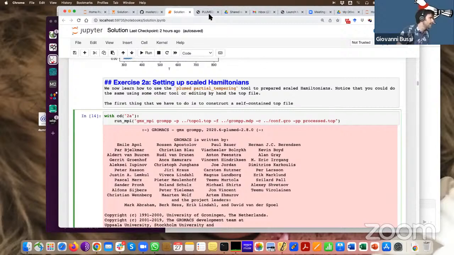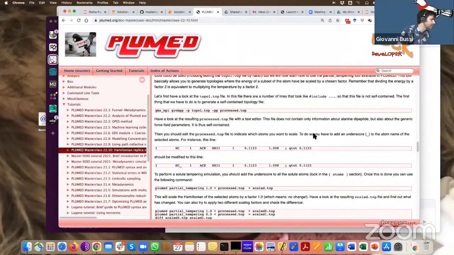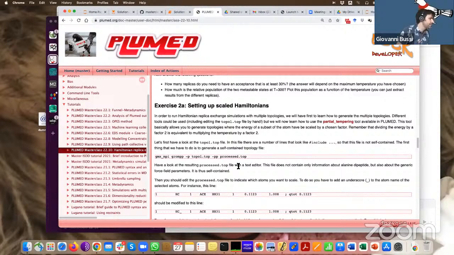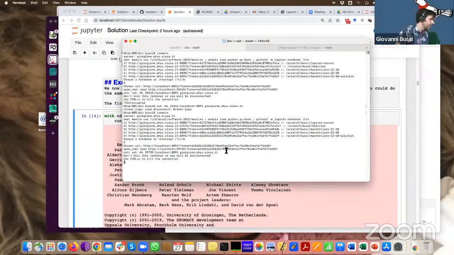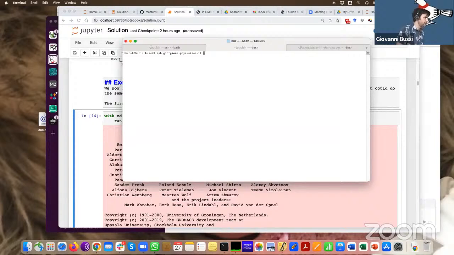So let's go through all the steps. First part is preparing this processed topology. This is just something done with grompp. How does this pre-processed topology look? Let me explore with a terminal, which is a bit easier than the notebook.